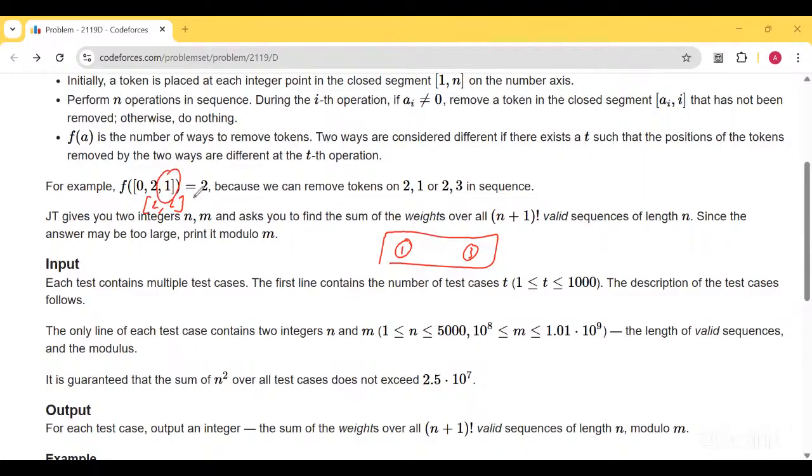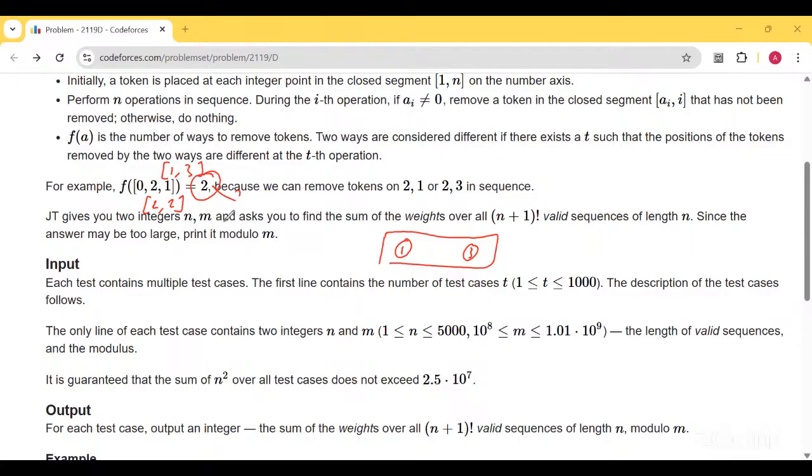And then after that, in the third operation, we can remove a token from 1 to 3. So it is up to you, either removing 1 or removing 3. So there are two ways. So the score is 2.